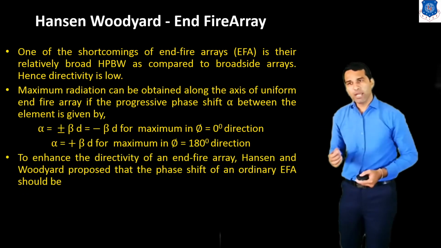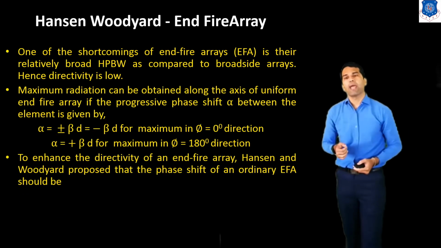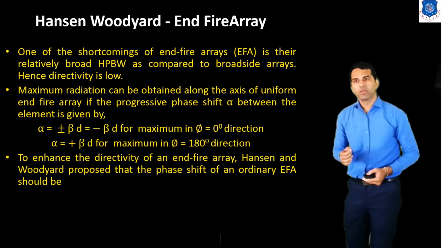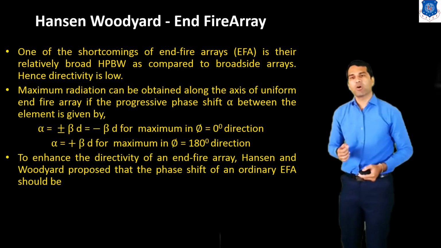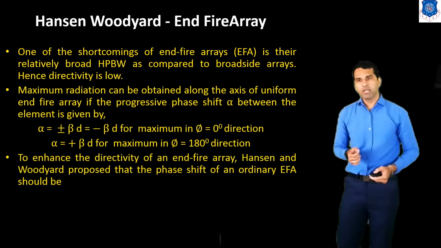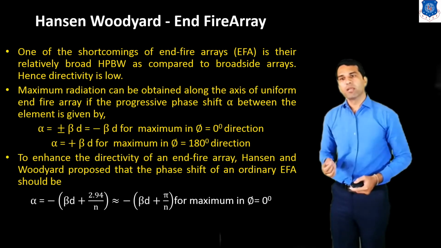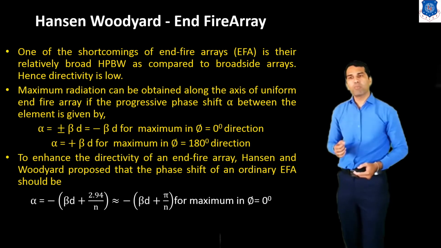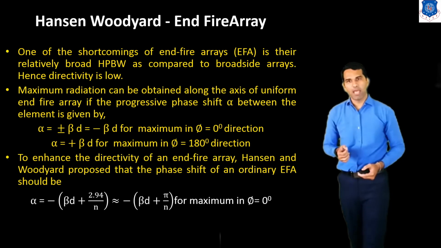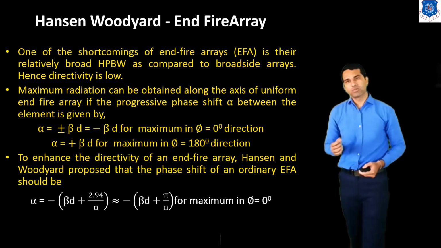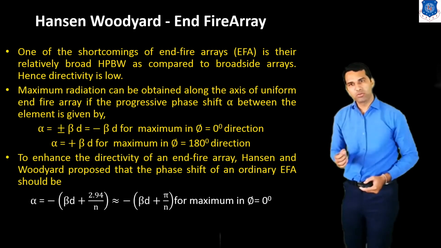Now, to enhance the directivity of the end-fire array, Hansen and Woodyard proposed that the phase shift of an ordinary end-fire array should be, that means the alpha value should be, minus beta d minus 2.94 upon n, which is approximately minus beta d minus pi by n, for the maximum in phi equals 0 degree.